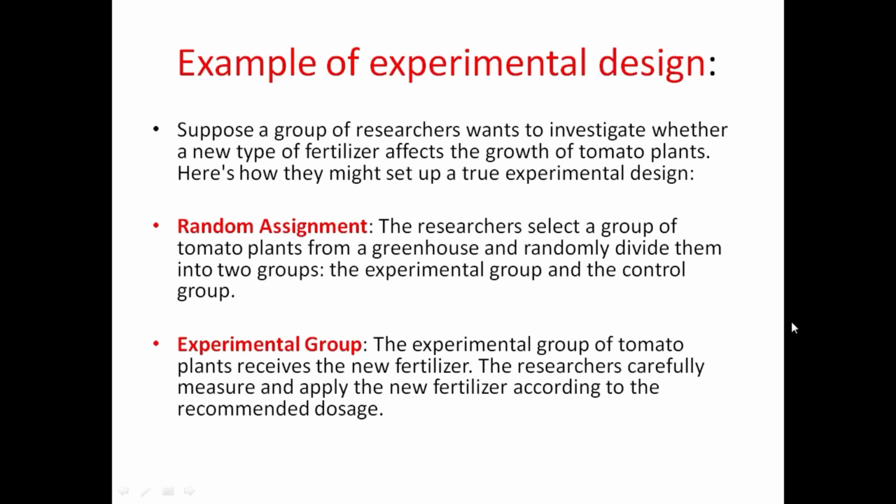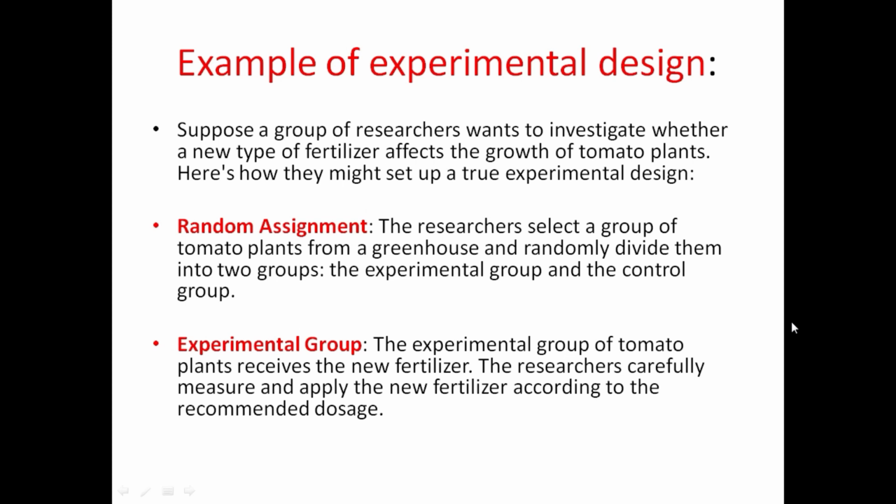For this, I have provided an example of an experimental research design. Let's imagine a group of tomato plants. The researchers wanted to investigate whether a new type of fertilizer affects the growth of tomato plants or not. This is the research problem.